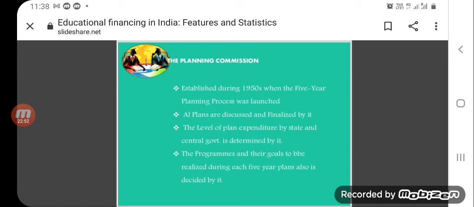States also were able to forward some plans, and the planning commission would accept the plan, and if the planning commission felt that it was valid, then they would give some financial aid and such things. The programs and their goals to be realized during each 5-year plan also are decided by it.